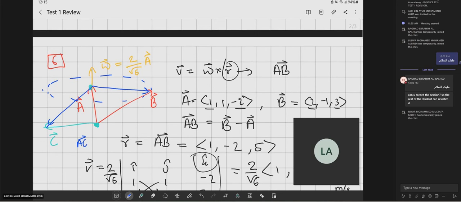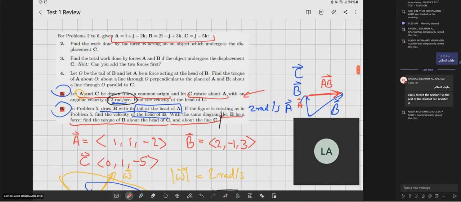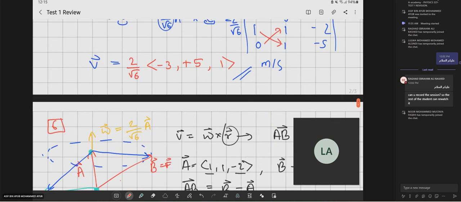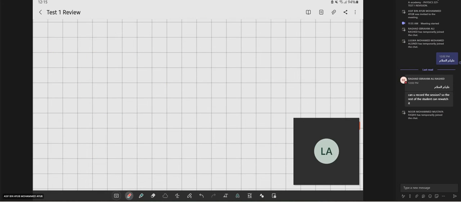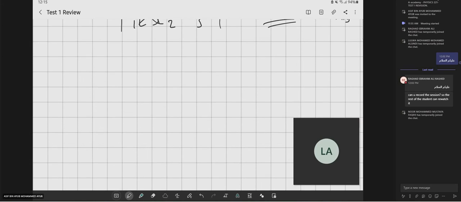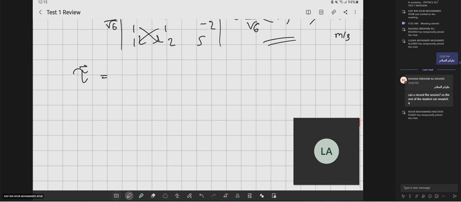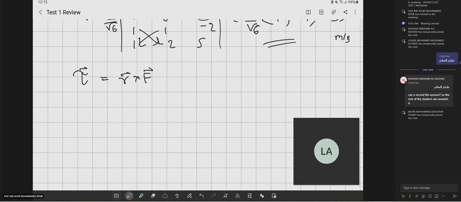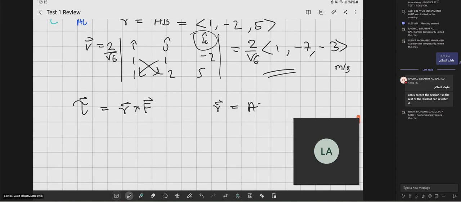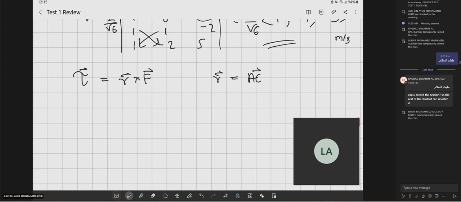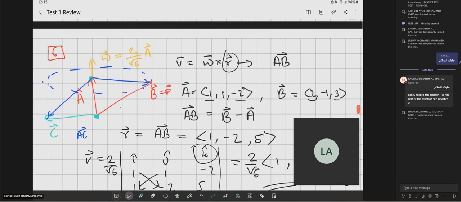Okay, and they're giving us that B is the force. So B equals F. We're asked to find the torque of B about C and about the line C. We have done something similar in class. To find torque, we need R cross F. This is the definition of torque. And R is the vector AC, as we argued, which is C minus A. Let me just look at what C is.